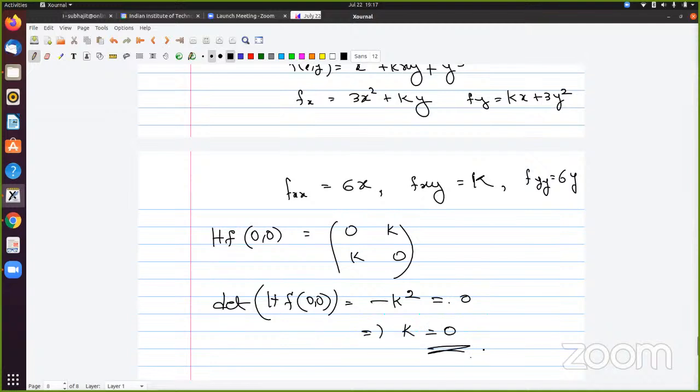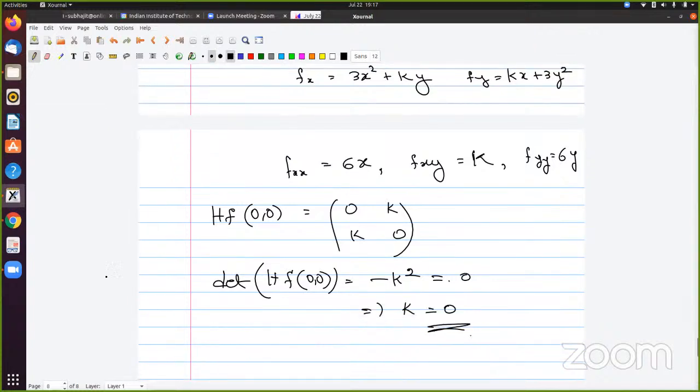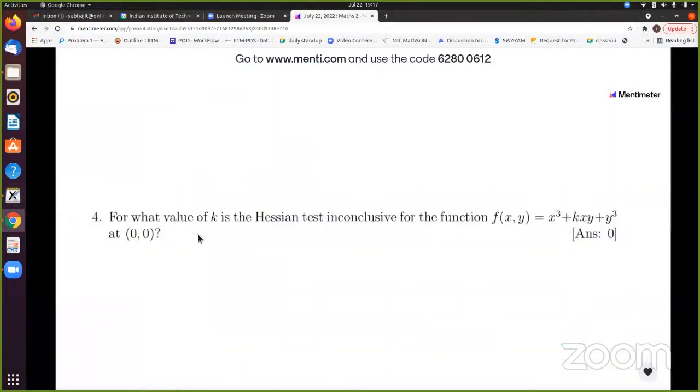So when k is 0, the Hessian test is inconclusive for this function. Is it clear? This is an easy problem. The point is given as 0 comma 0, that's why we can put the values.